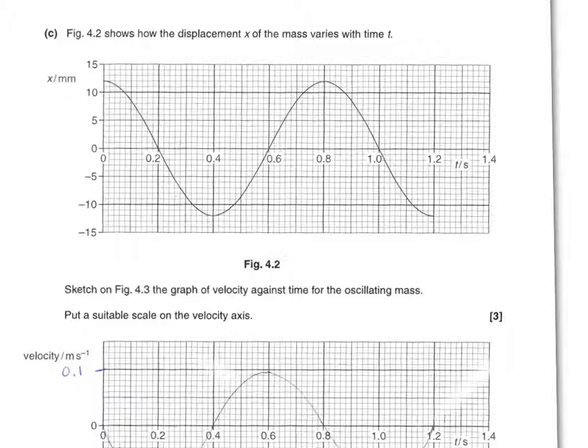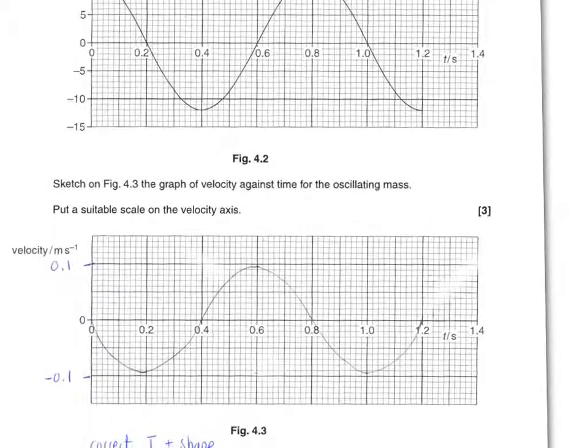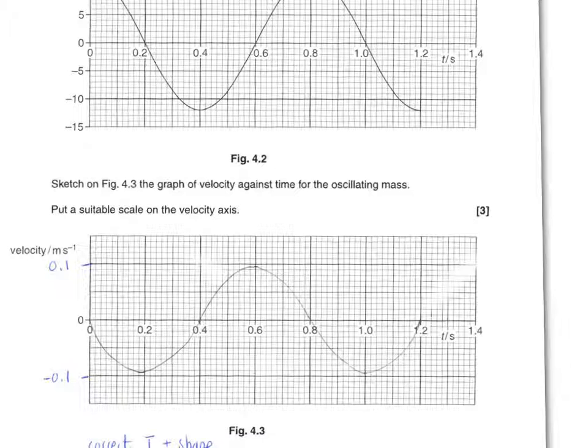Velocity is the rate of change of displacement. In other words, the points you're plotting on this second graph should relate to the gradient of the first graph. Here you can see the answer. Look at the gradient of the displacement graph here.